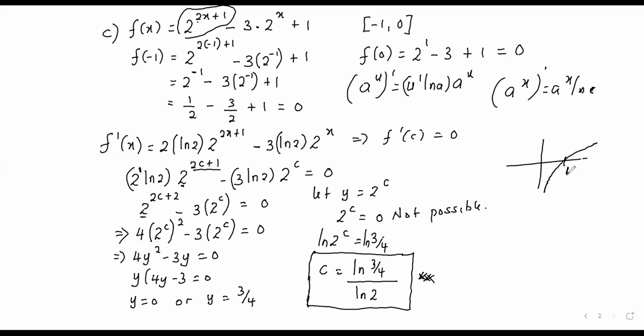So if the number I have is between 0 and 1, and 3 over 4 is between 0 and 1, it's below the x-axis. So it means that it's negative. Then ln 2 is positive, since 2 is there. You see? So negative over positive is negative, and then ln 2 is bigger than ln of 3 over 4 in magnitude. So that means that the number there is between -1 and 0. So it falls in the required interval. So that's our c.